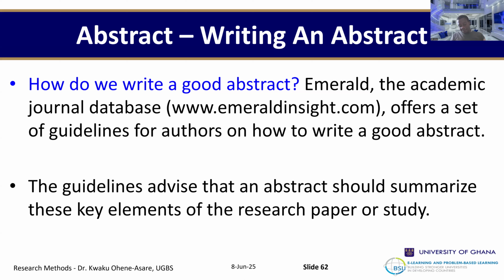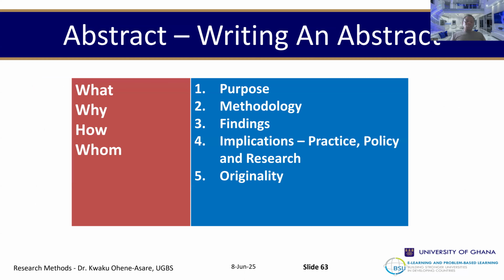If you don't summarize the key, it's the abstract that people are going to read to know whether your work is good or not. It must sell. So what goes into the abstract?